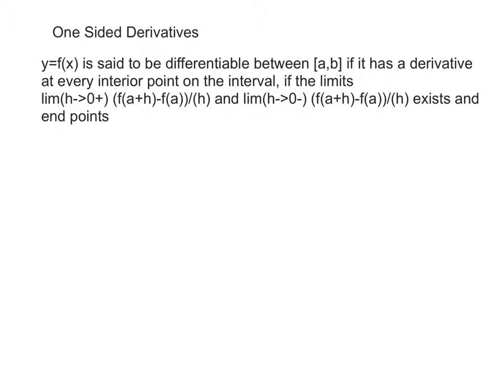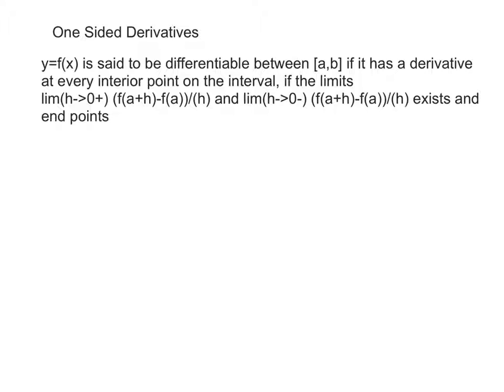Same thing's true for derivatives. If you come in from the left-hand side and find the derivative, and if you come in from the right-hand side to a point and find the derivative, and the left and right-hand limits are the same for the derivative, then we say that the function is differentiable at that point.